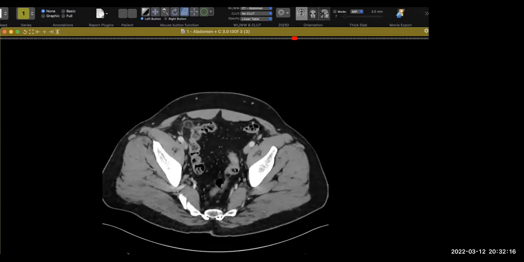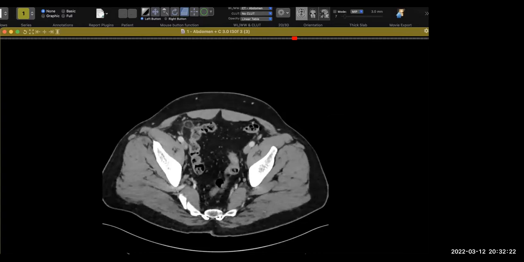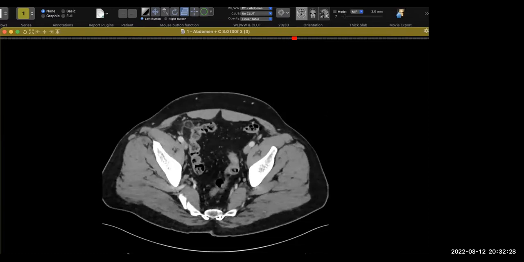And is there any size criteria to discriminate the two? Not that I'm aware of. Okay, so how are these cases usually managed? This can be managed conservatively. They don't need any operative management. I'll just inform the referring physician of my findings.